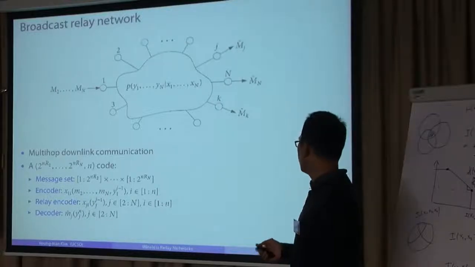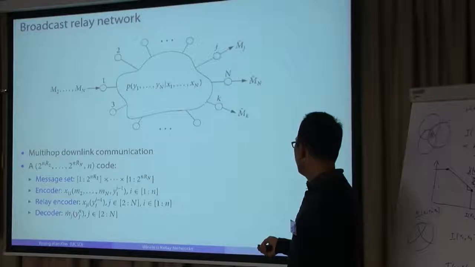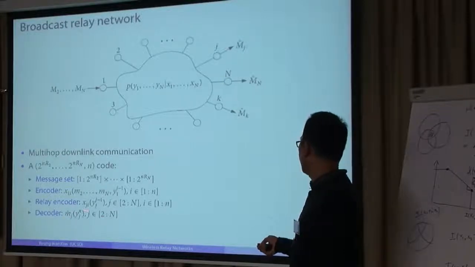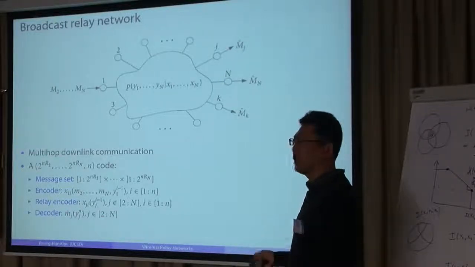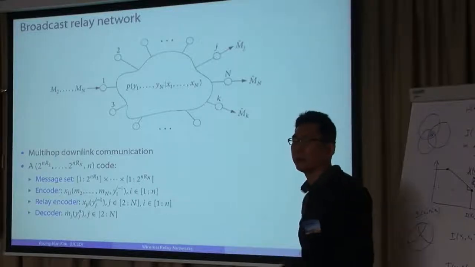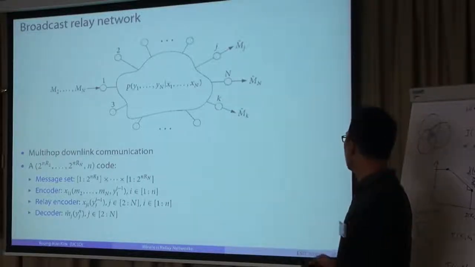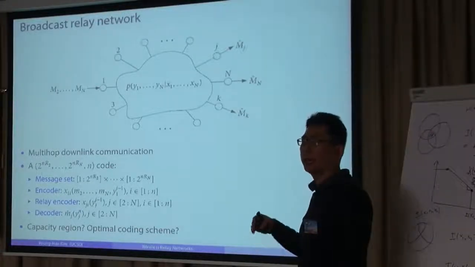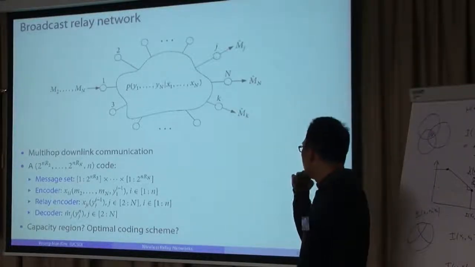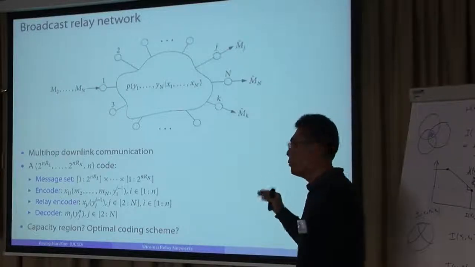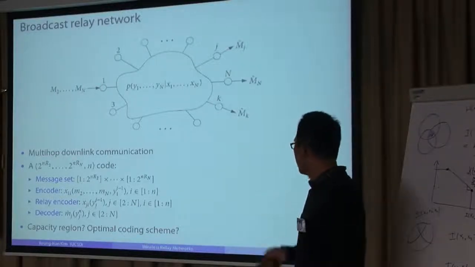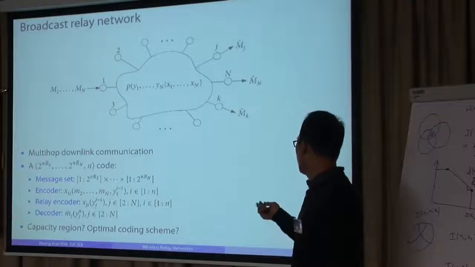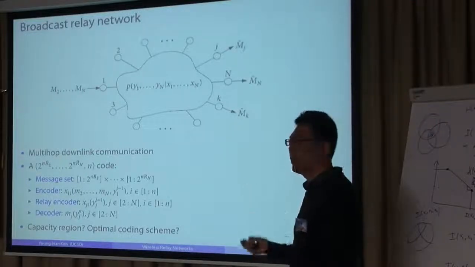And after n uses of this channel, every node from 2 to n would like to recover its desired message based on its channel observation. And again, we'd like to ask what the capacity region is, and what is the optimal coding scheme, or close to optimal coding scheme, that achieves the capacity region or can go close to it.